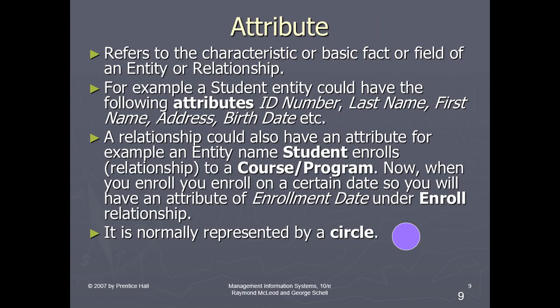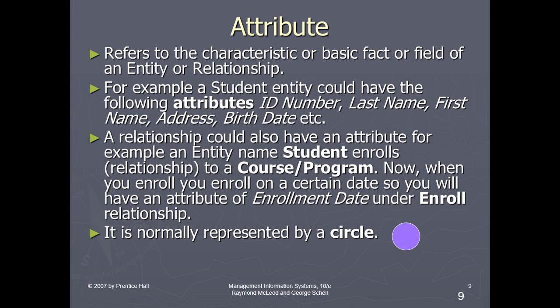Okay, attribute. So we're going to proceed to attribute. Attribute refers to the characteristic or basic fact or field of an entity or relationship. So for example, a student entity could have the following attributes: ID number, last name, first name, address, or birthday.